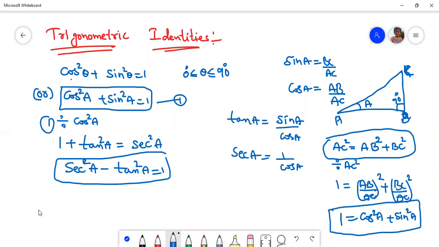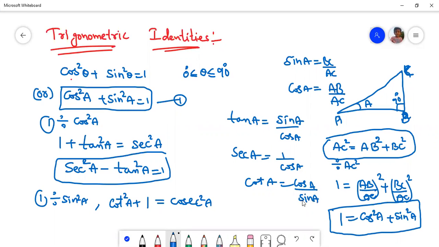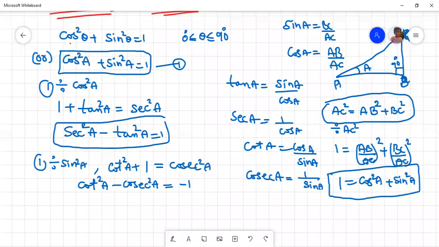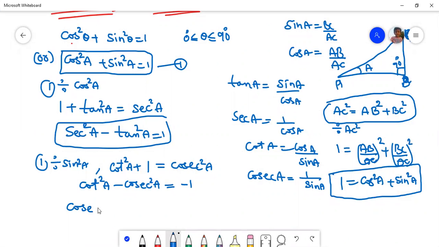In the same way, the equation 1 is divided by sin square A. Cos square A by sin square A is cot square A, plus sin square A by sin square A, which will be 1, is equal to 1 by sin square A, which is cosecant square A. We know that the ratios are cot A equal to cos A by sin A, cosecant A equal to 1 by sin A. From that, we are getting one more identity, that is cot square A plus 1 equals cosec square A, or cosecant square A minus cot square A equal to 1.